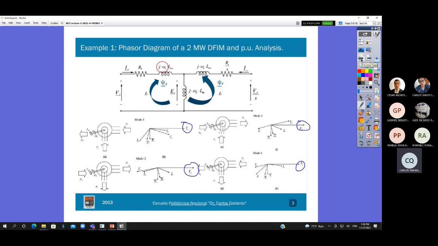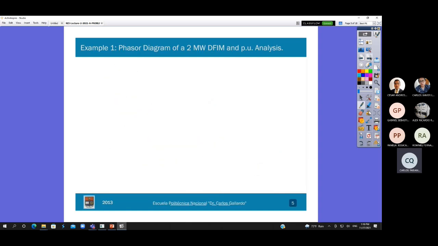If the stator reactive power is equal to 0, I will have here the stator voltage phasor, and the current is opposite, because the stator reactive power is equal to 0. This indicates that when the stator reactive power is equal to 0, the stator current phasor yields this phasor diagram.